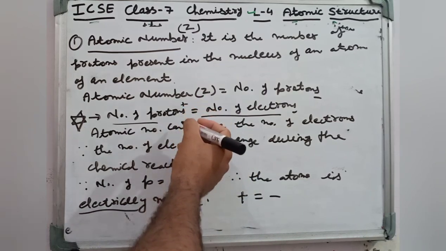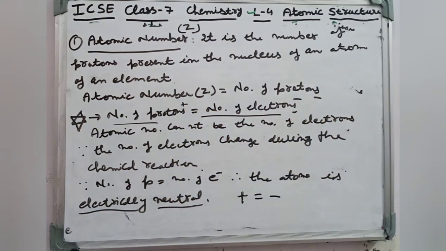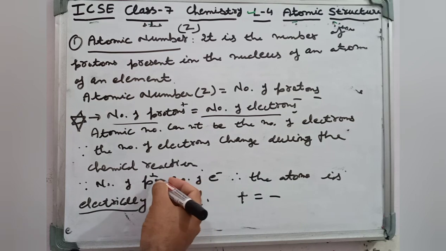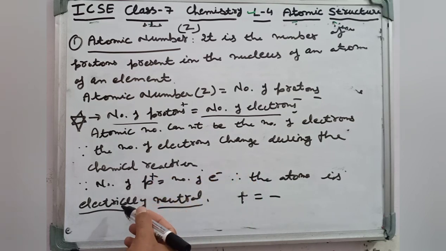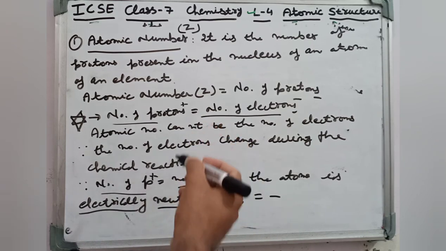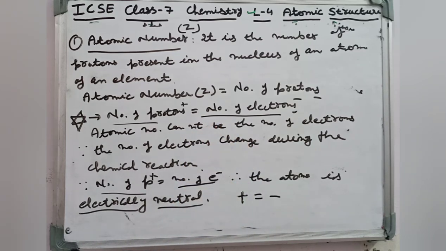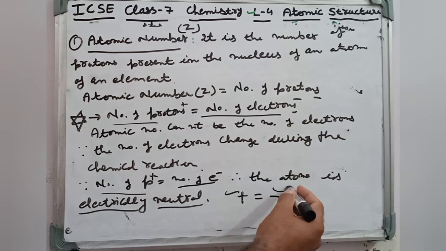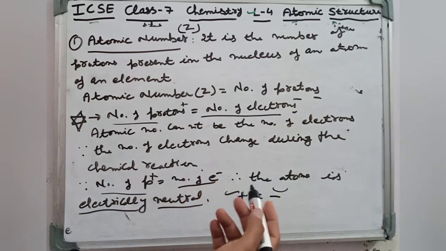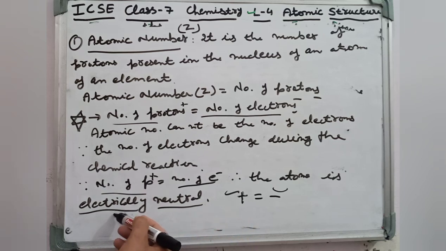Protons are always positive, electrons always negative. So when the number of protons is equal to the number of electrons, the number of positive charge is equal to the number of negative charge, and the thing becomes electrically neutral. This is the meaning of electrically neutral substances, right?